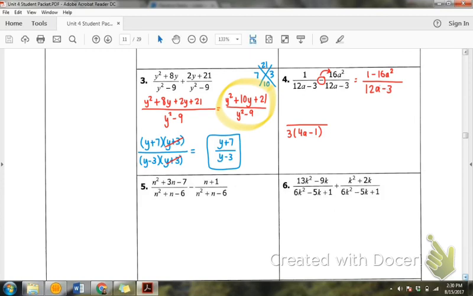What about the numerator? What can the numerator factor to? What do you notice about all of those things? Perfect squares, right? So I have to put the 1 first because that's what it gave me. 1 minus 4a and 1 plus 4a. You guys okay with that?